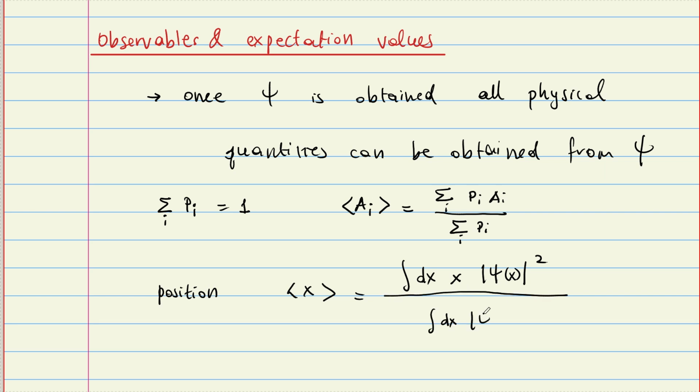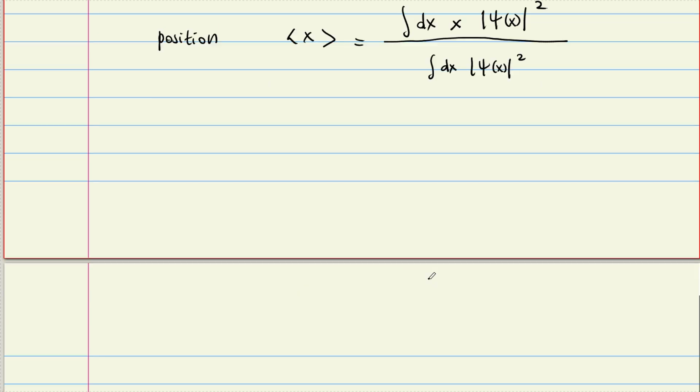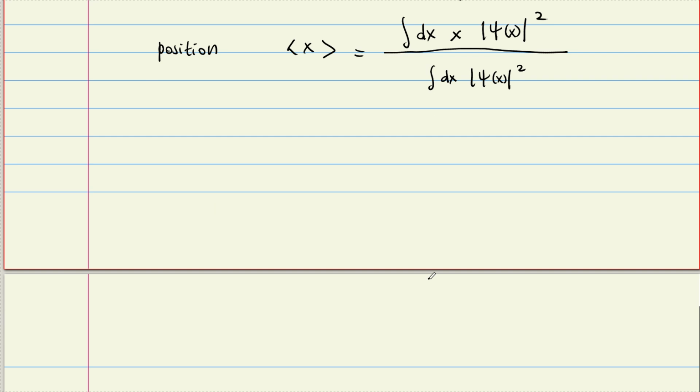But if you already normalized, if this psi squared is 1, you can just have the numerator and drop the denominator because you already have 1 there. So this is the expectation value of x. This is kind of an average value in the probability sense. If you measure x, your likelihood of finding x is given by this expression.